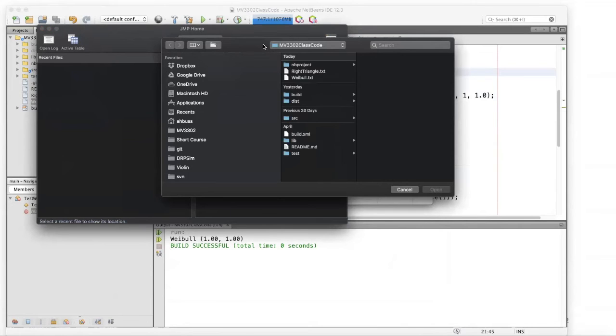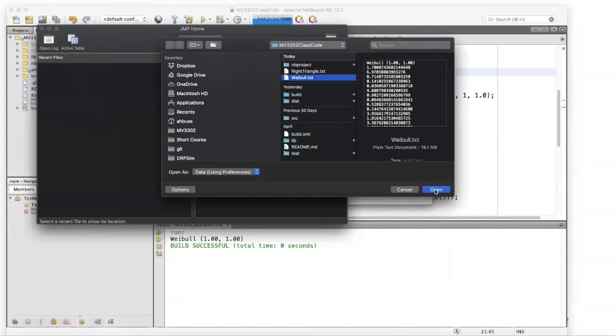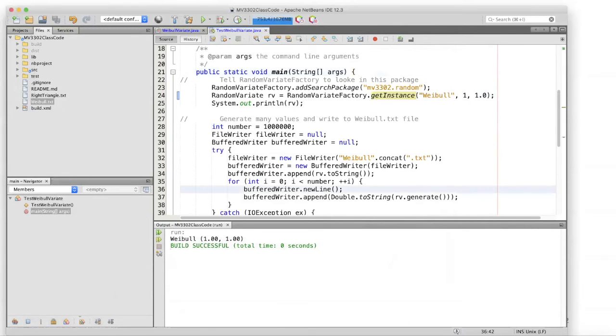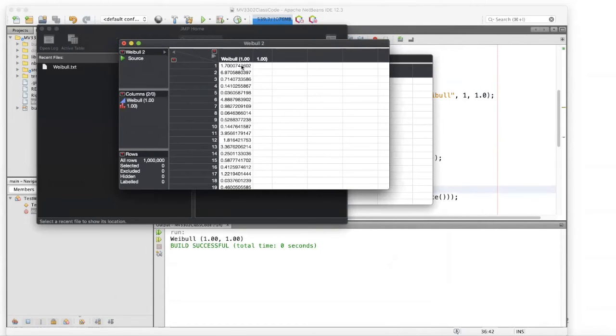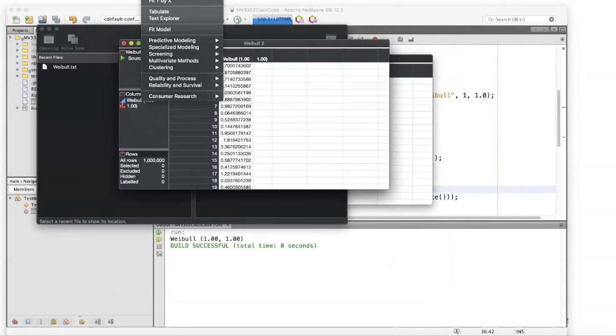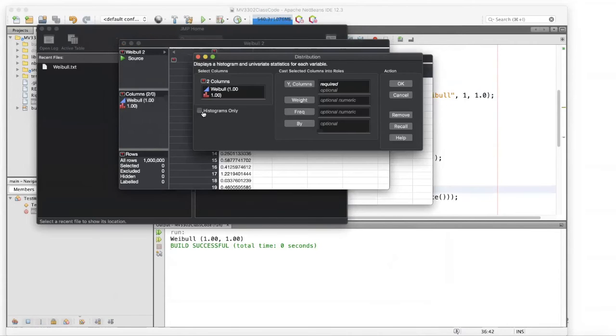Let's see if it'll let me open it. Okay, so there's the Weibull 1 and 1. That's what I wanted. And let's analyze this.